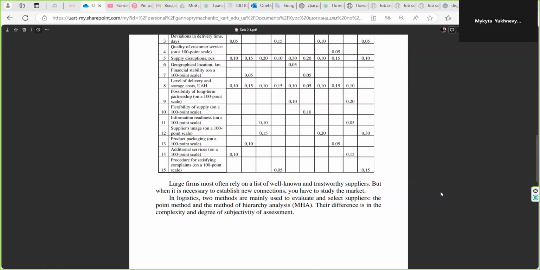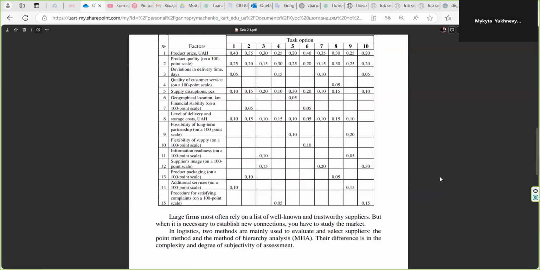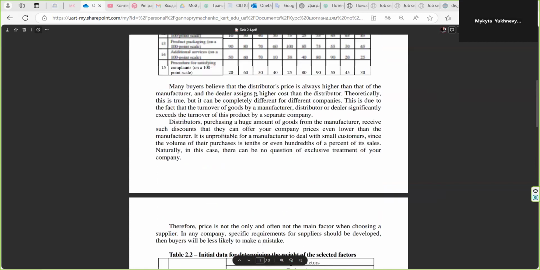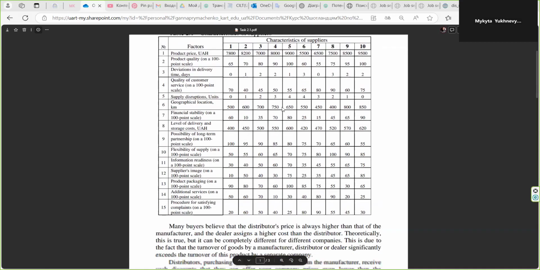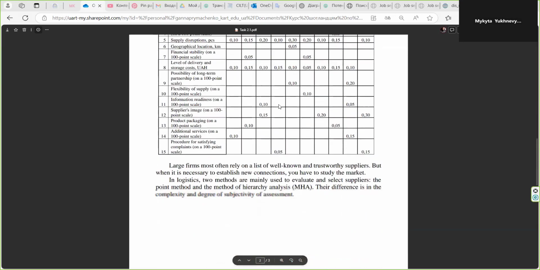So we find information about which company is better for us for transportation of our products, which company from these 10 transport companies. It is our first table 2.1. We have 10 transport companies and we need to find which company is better for us. Of course, we choose only one company by this point method today.